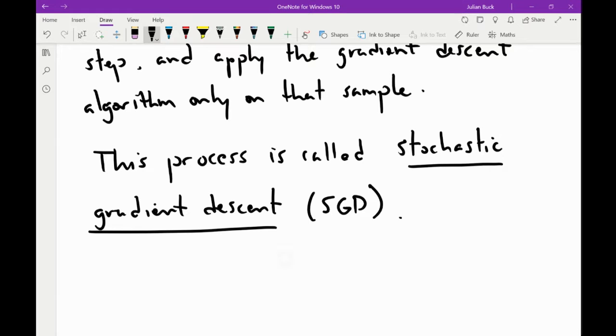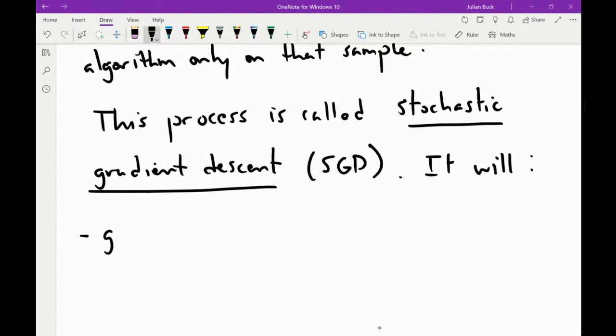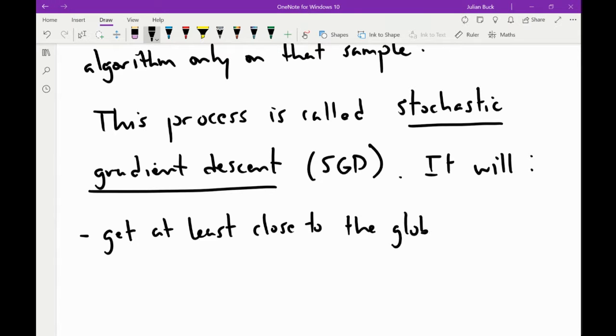It will accomplish two things. Get at least close to the global minimum. So maybe it doesn't find it exactly, because we're not looking at all the data.